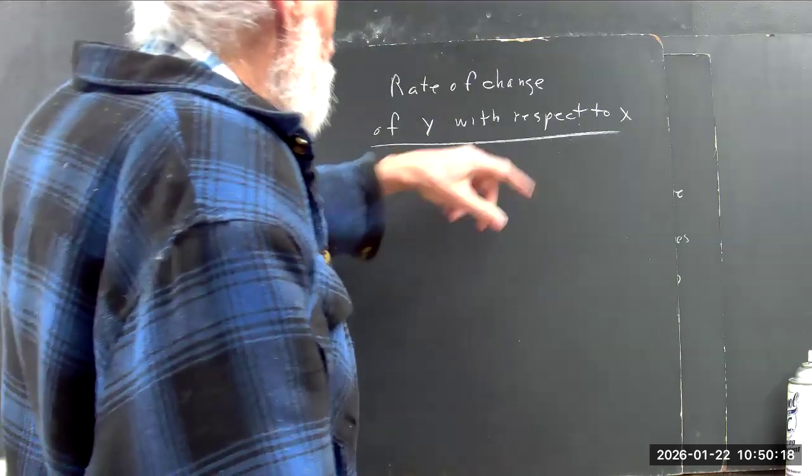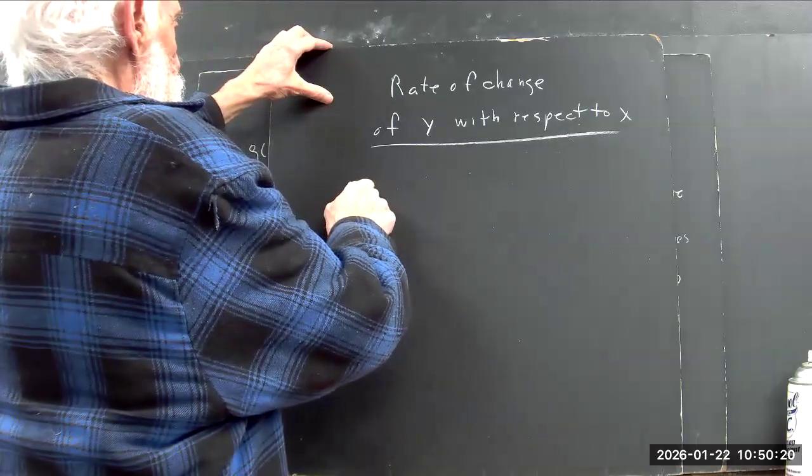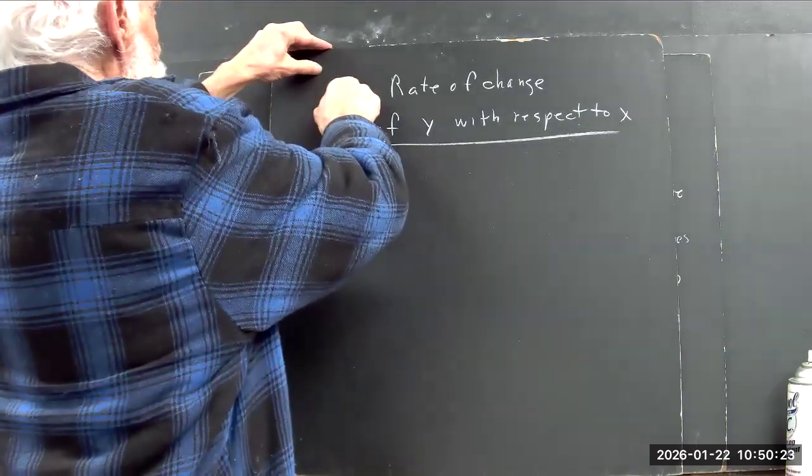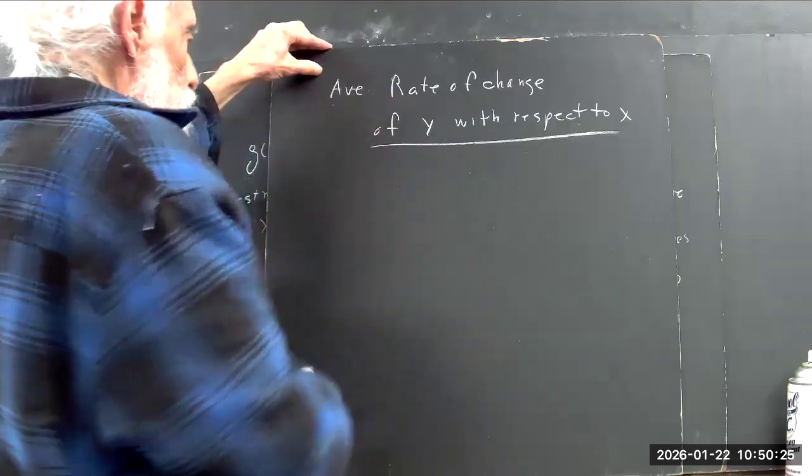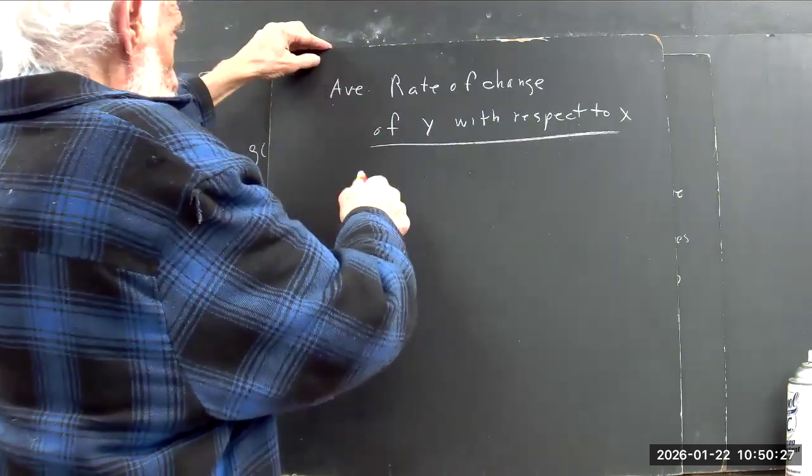All right. Anyhow, rate of change of y with respect to x. I've got to talk about average rate of change or instantaneous rate of change. We'll talk about that later.